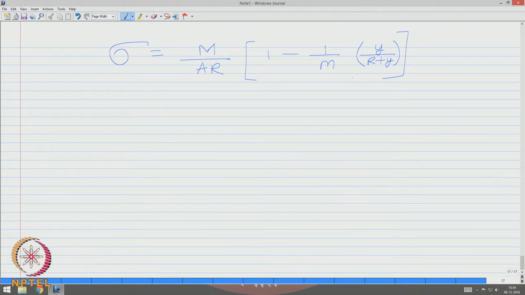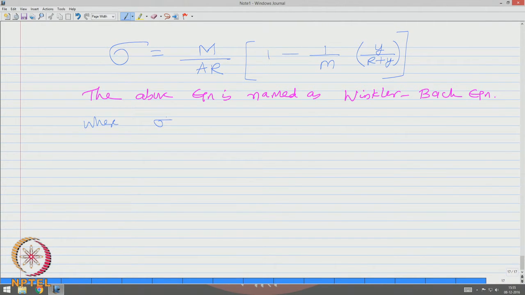I can get the stress if I know the value of m and r, where this equation is named as Winkler-Bach equation.